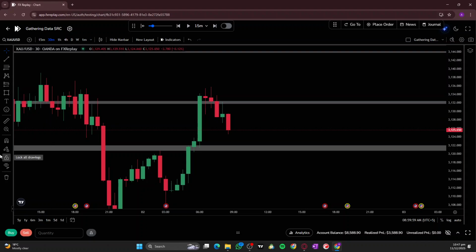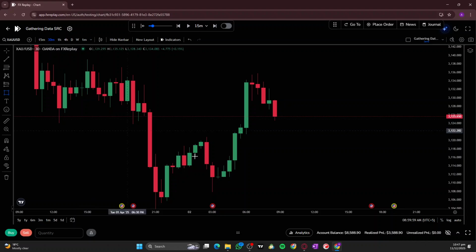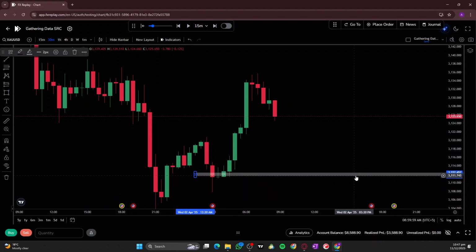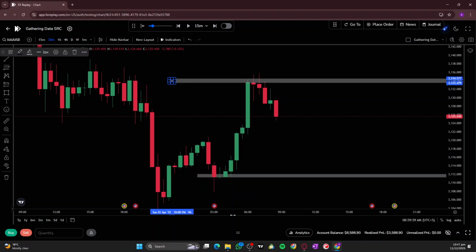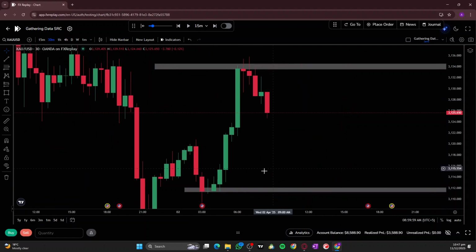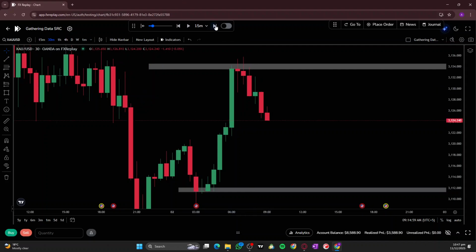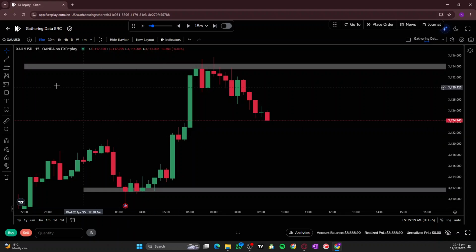Over here, if we see, this is the support, this is the resistance, and to be really honest, it has closed like this. This is a support over here as well.